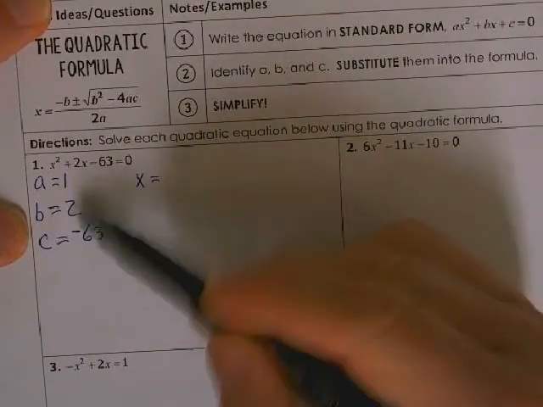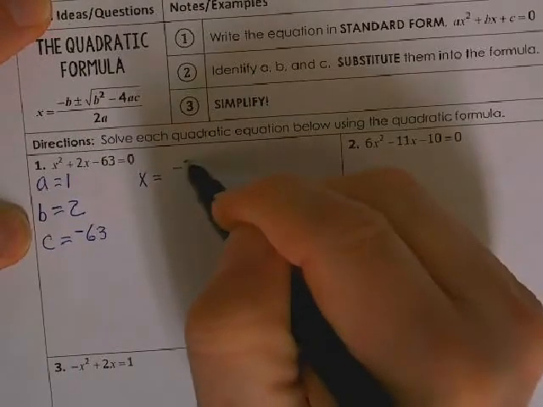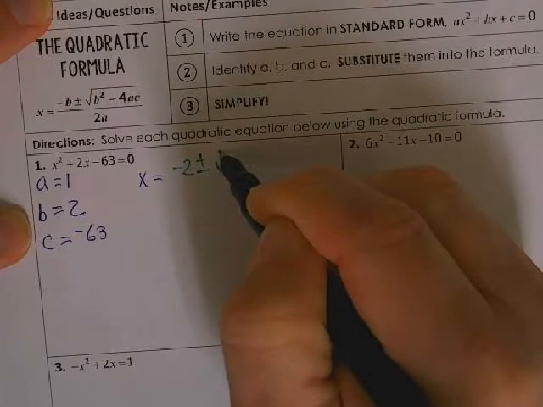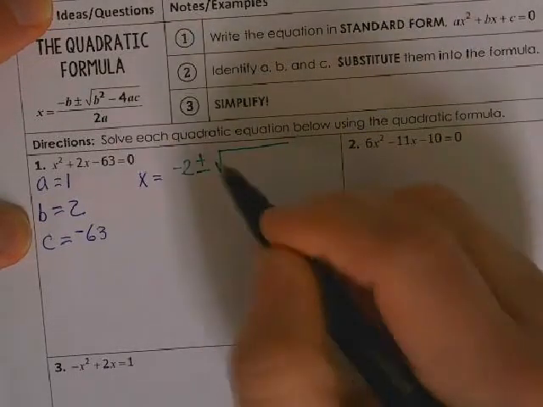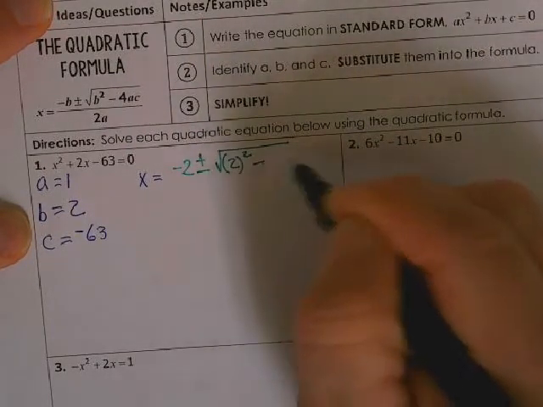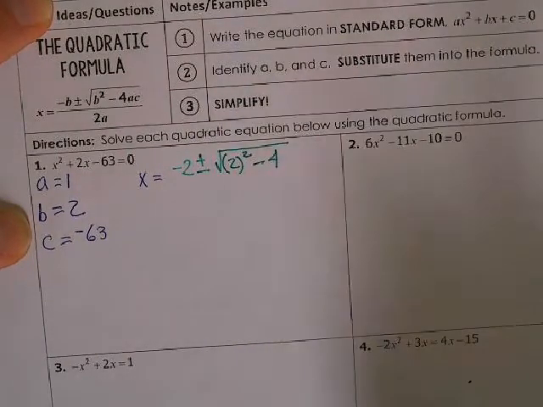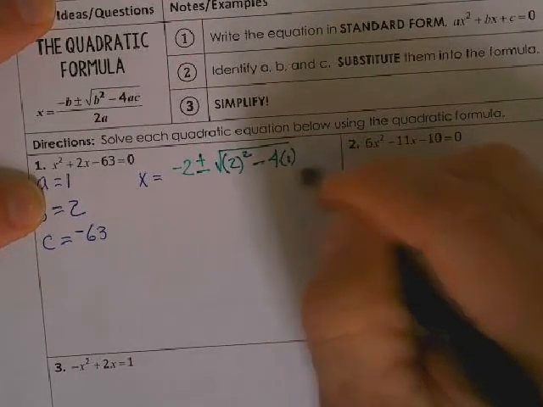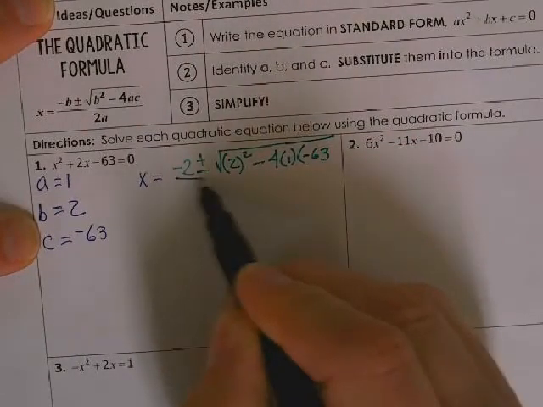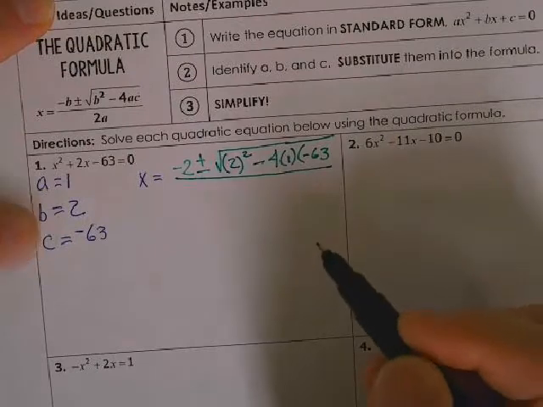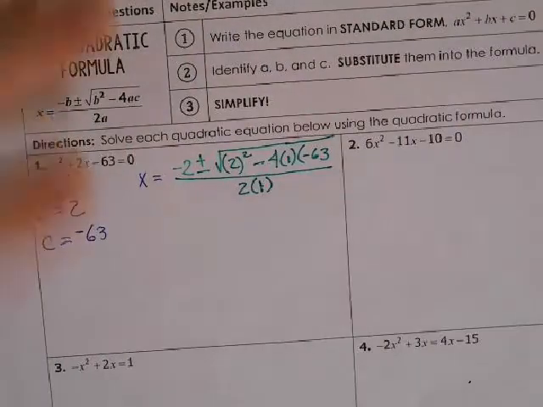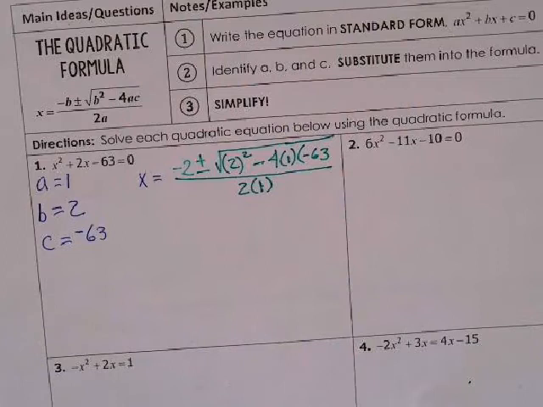Okay, it would be the opposite of b, which would be negative 2, plus or minus the square root of b squared, which is 2 squared, minus 4ac. 4 times a is 1, times c is negative 63, and all of that is over 2 times a. Okay? Any questions on how I did that?